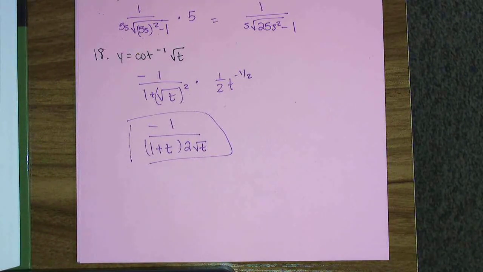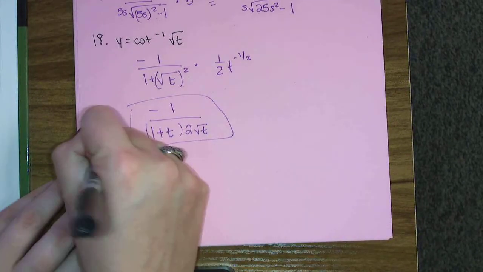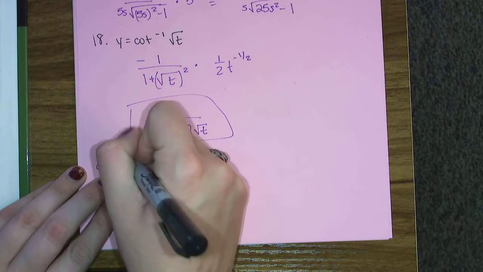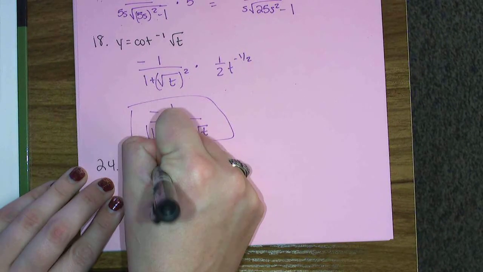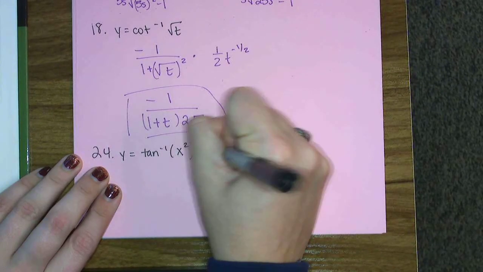It's a little harder. 24 is literally just the formula. So y is equal to the arctangent of x squared, and x is equal to 1.